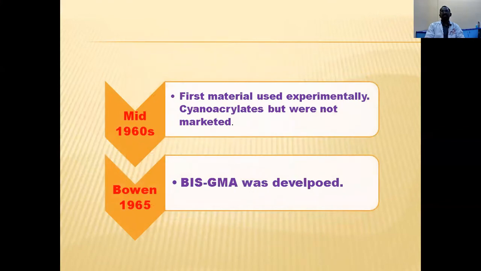In the mid-1960s, the first material used experimentally was cyanoacrylates, but they were not marketed. Later, in 1965, Bowen introduced bis-GMA, that is bisphenol glycidyl methacrylate, which was developed.